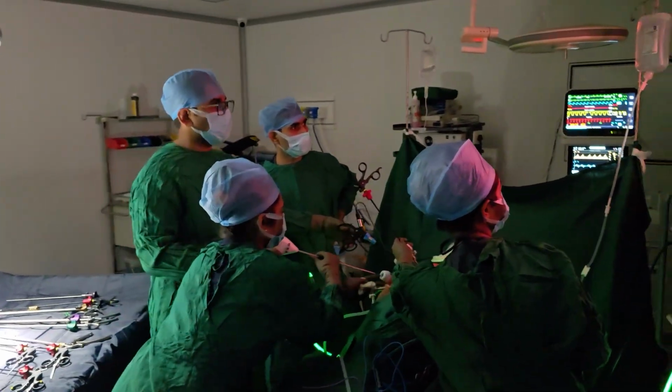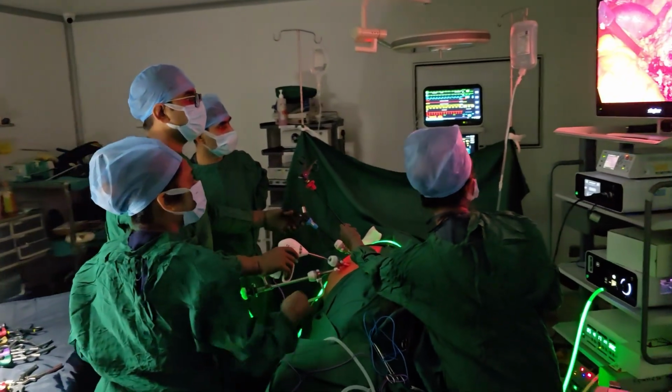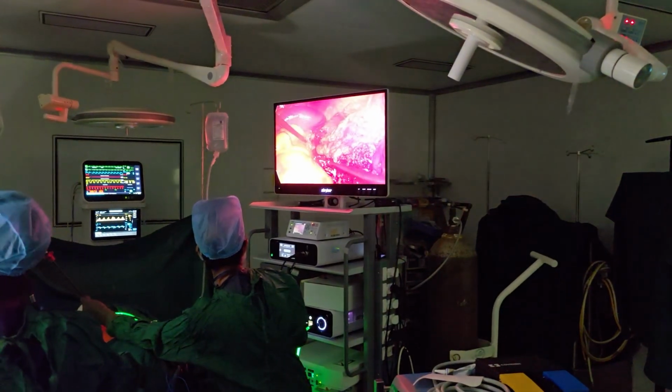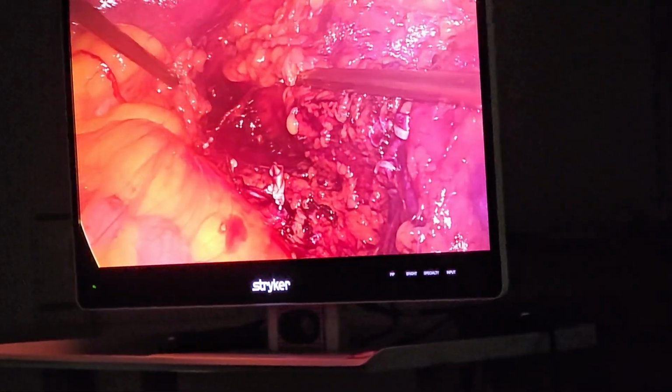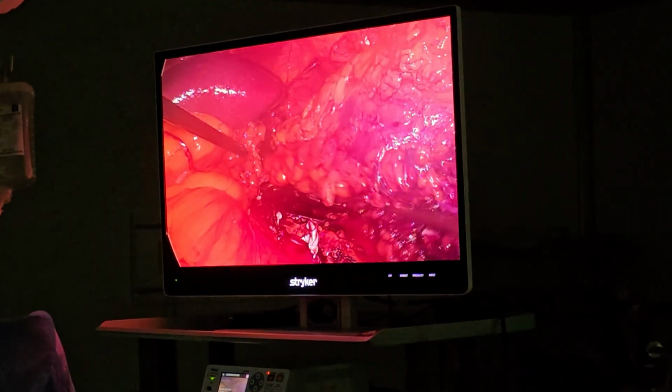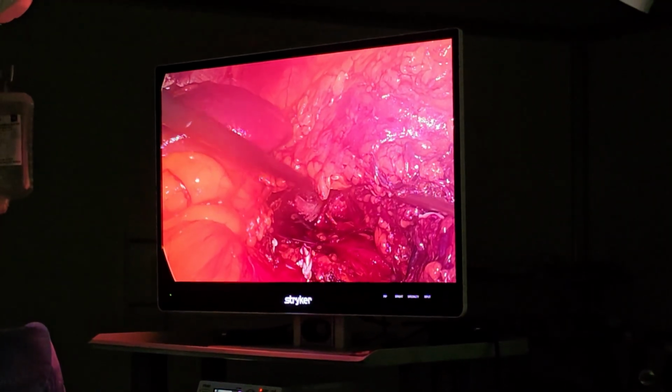The specimen is being mobilized here, and the upper pole was particularly difficult in this case. Although the adrenal gland was previously separated, still the fibers attaching the upper pole area were pretty difficult.